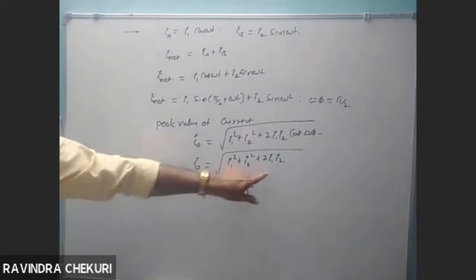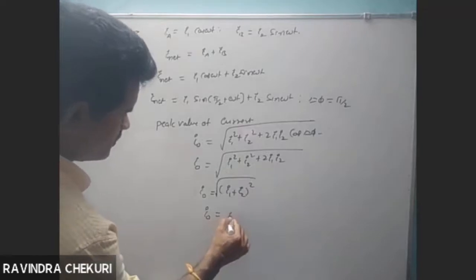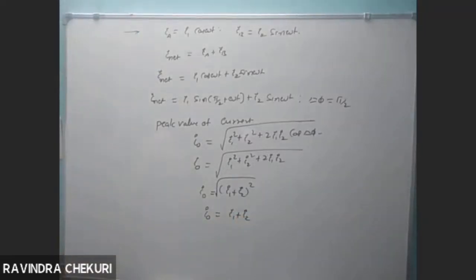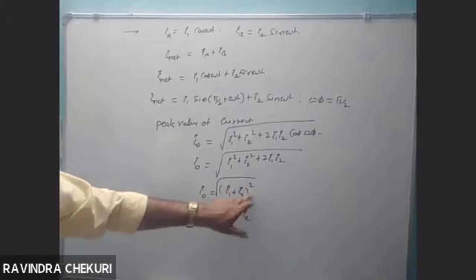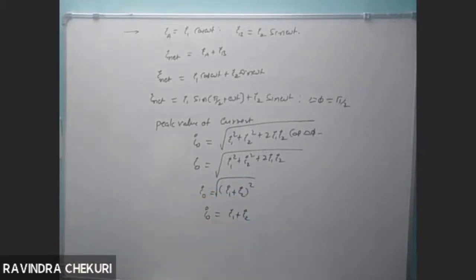The square root gets cancelled. So I naught is equal to I1 plus I2, the peak value.